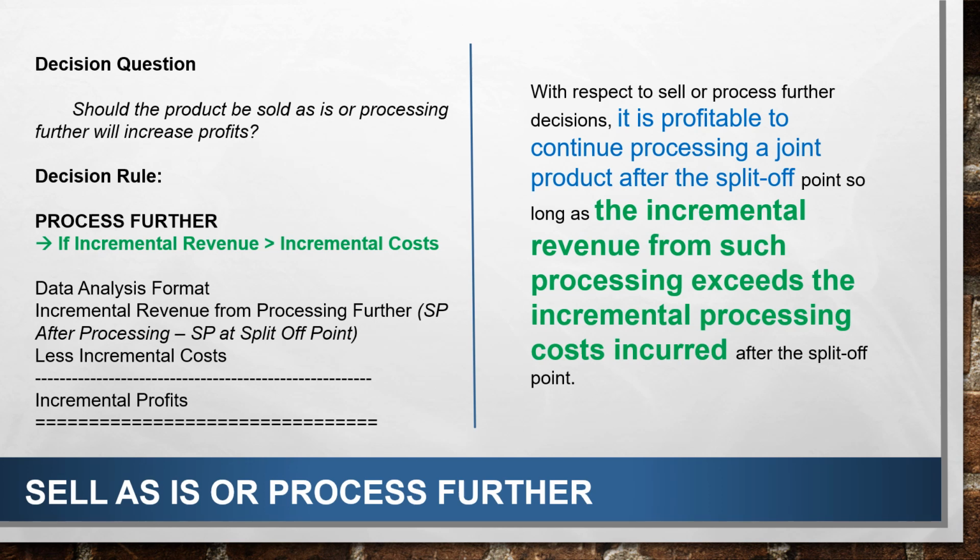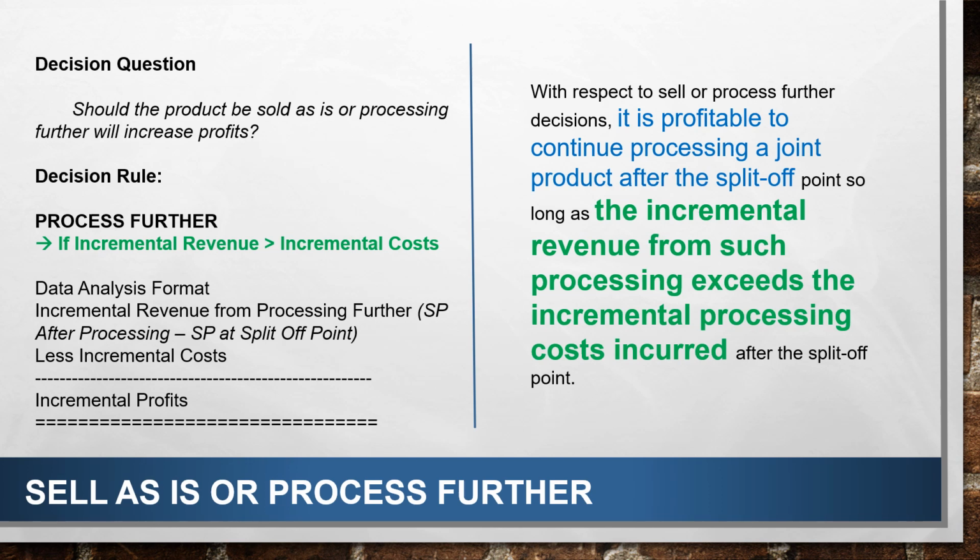As we know, in some industries, a number of end products are produced from a single raw material input. When two or more products are produced from a common input or process, these products are known as joint products.